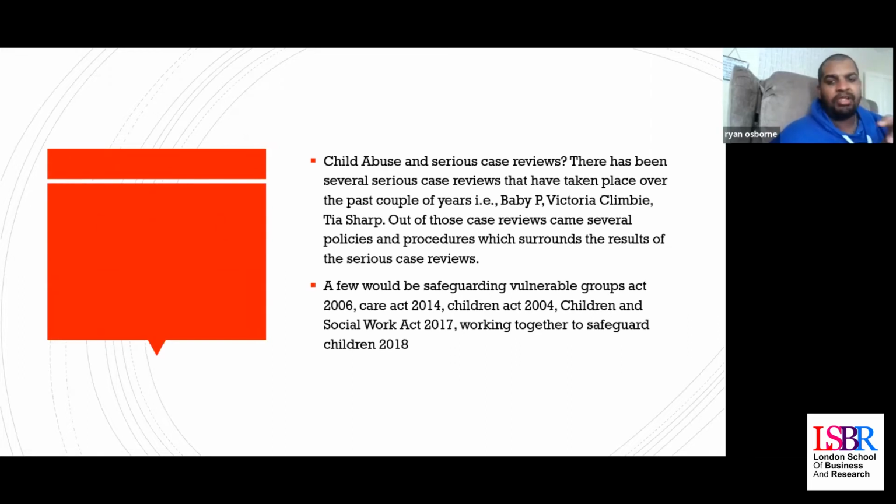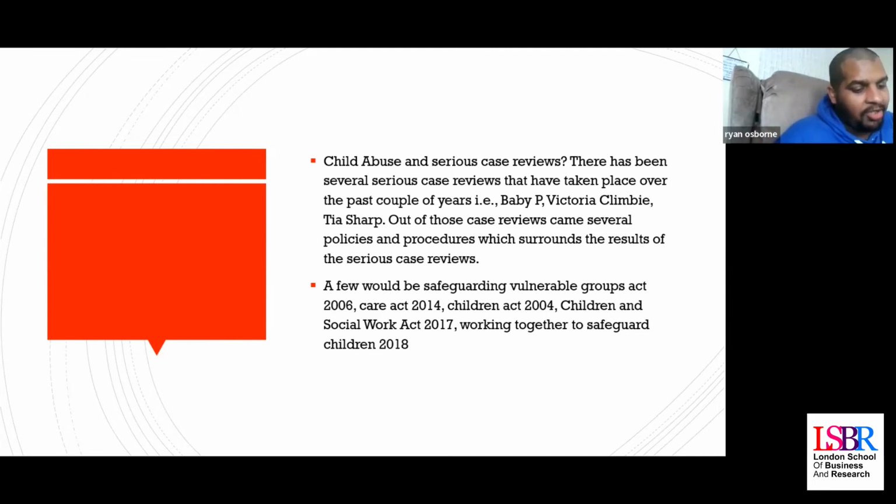Because if you look at those particular jobs, people lost their jobs because of those serious case reviews. If it wasn't for the serious case review, those people would have been left in their job, and no one would have been any wiser. So these serious case reviews really do enforce standards about a person's job, don't they?